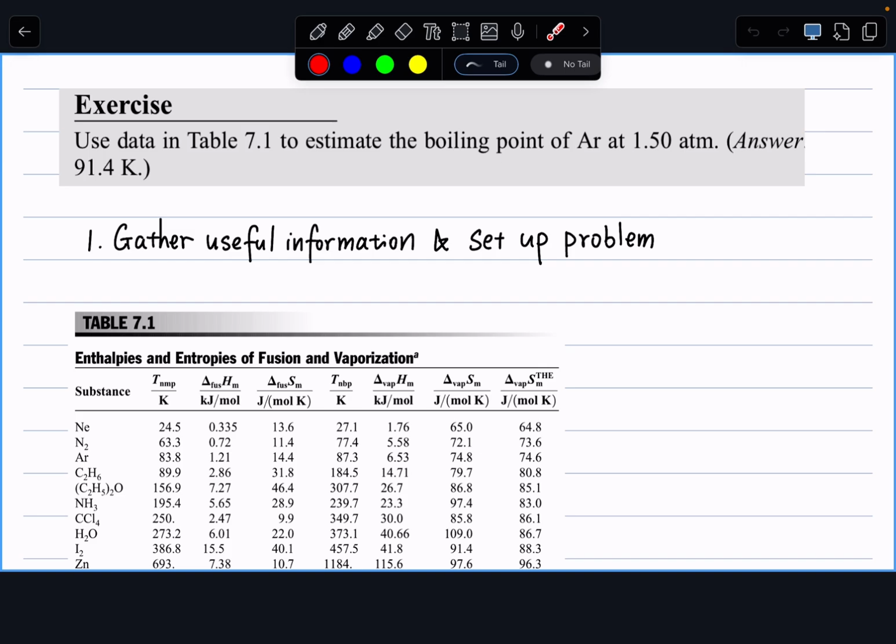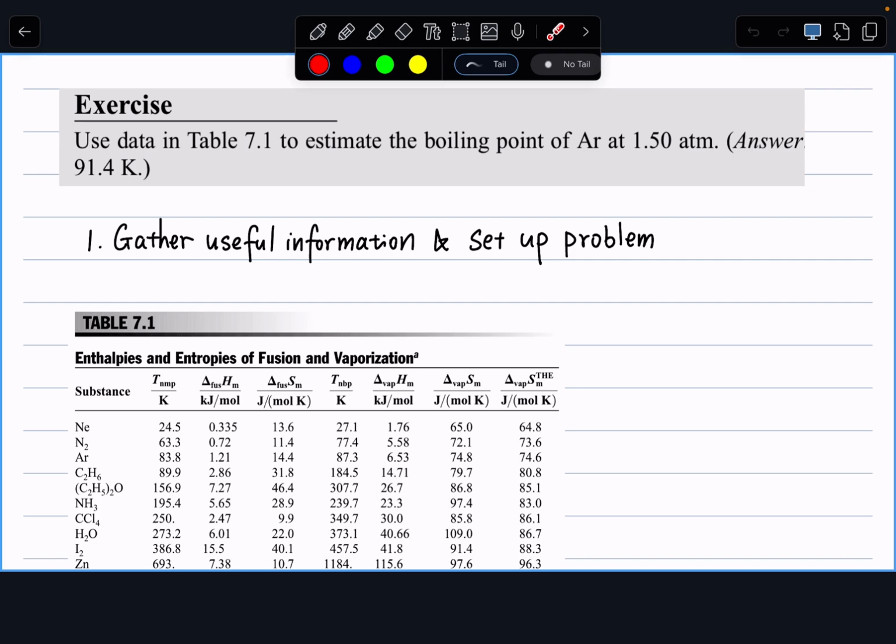In this process, we made three approximations. The volume of the gas is way larger than the volume of the liquid or solid. We also stated that delta HM remains constant along the line of phase transfer as long as we're away from the critical temperature. And we assumed gases behave ideally to get this relationship.